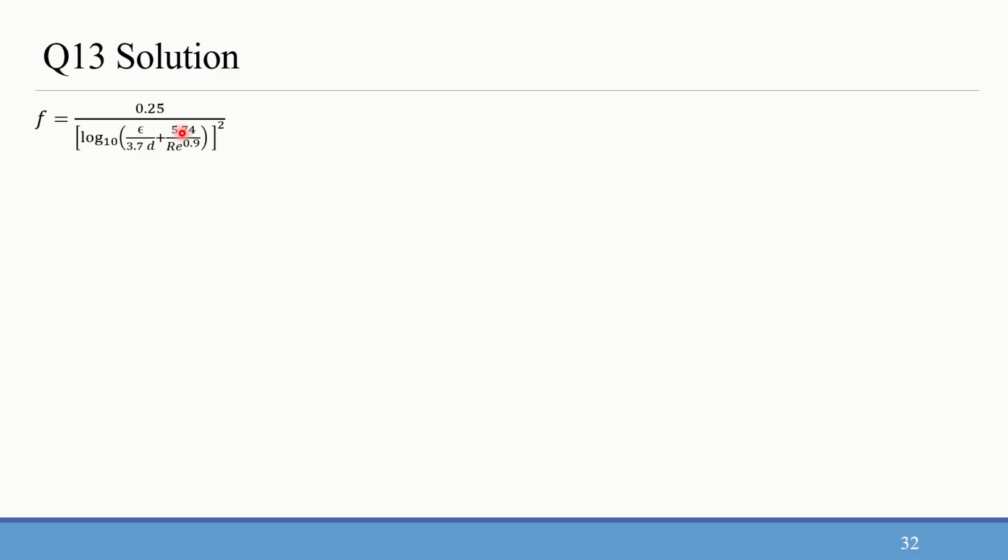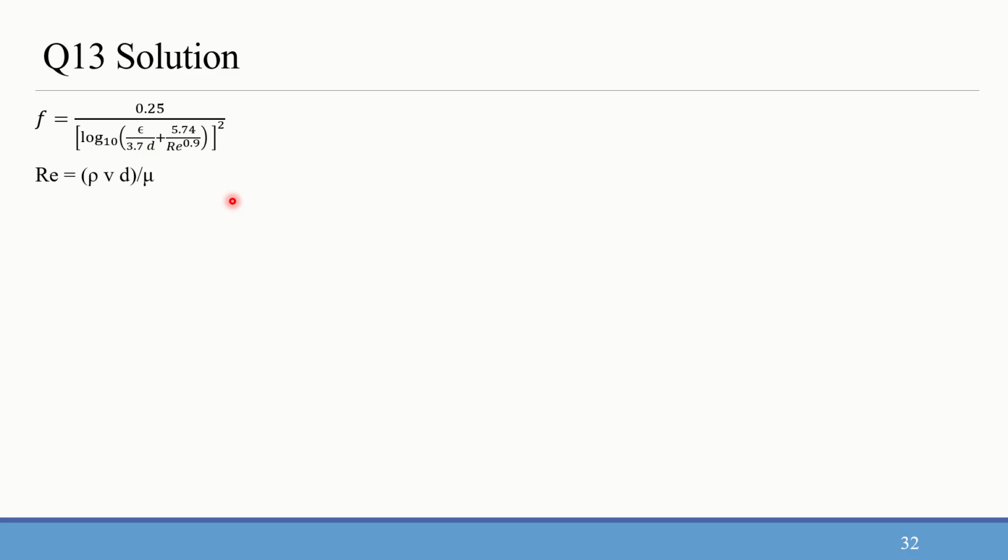So we'll see what to do now. Epsilon by D is known because it is the roughness ratio we have calculated separately for the pipes in the previous slides itself. One thing is the Reynolds number is still unknown. Reynolds number is given as rho v d by mu.